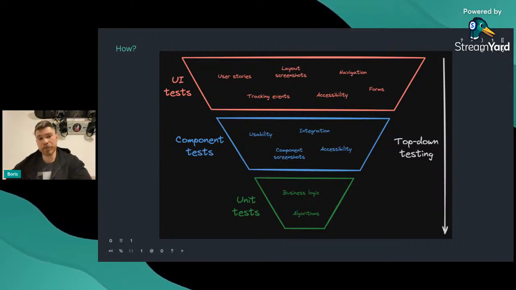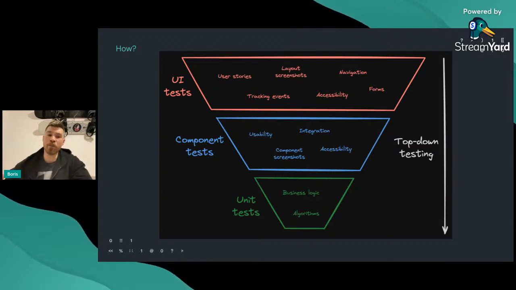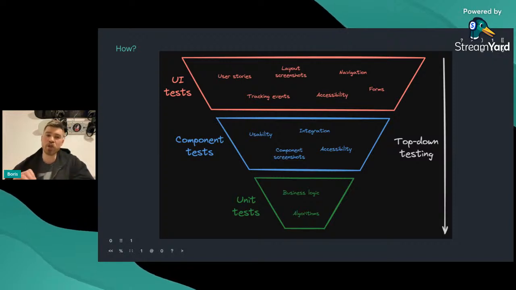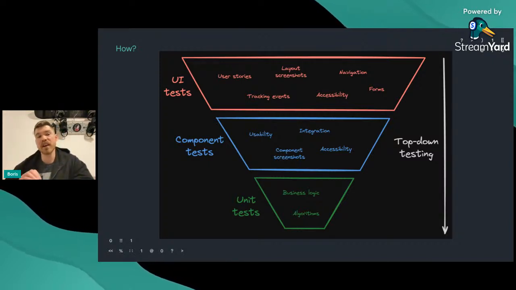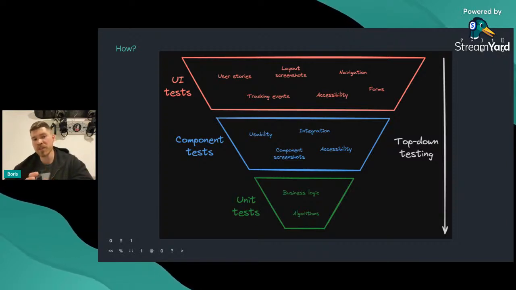We then move down to component tests. The point of component tests is to check usability of components and also technical details, whether interactions with your components cause the desired effects. Before, we were only interested in user interactions.